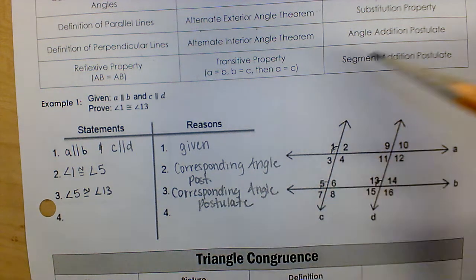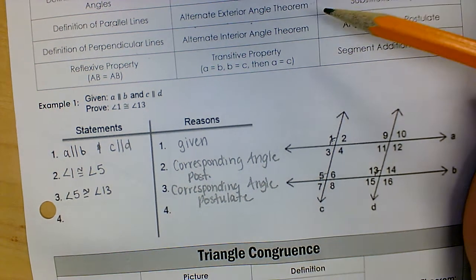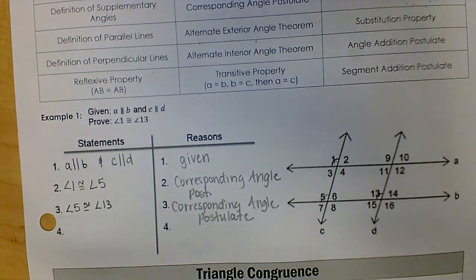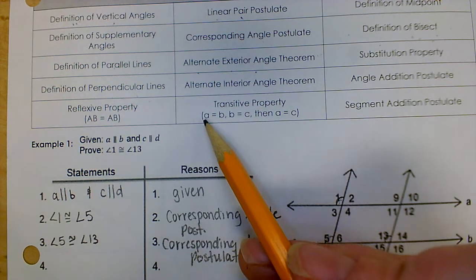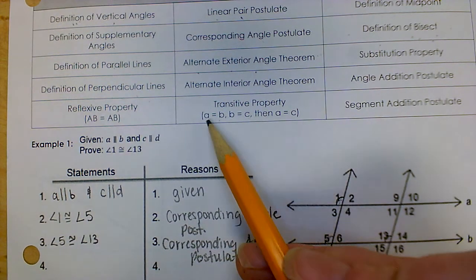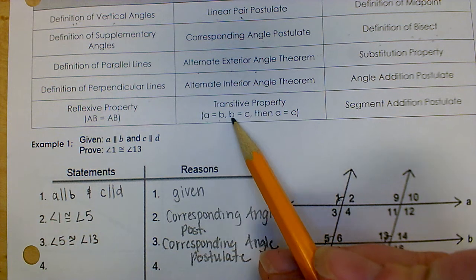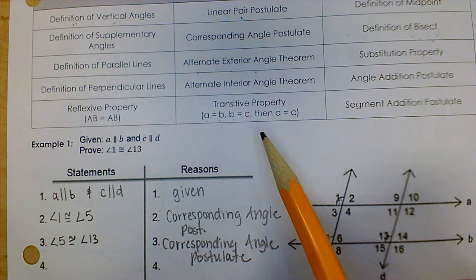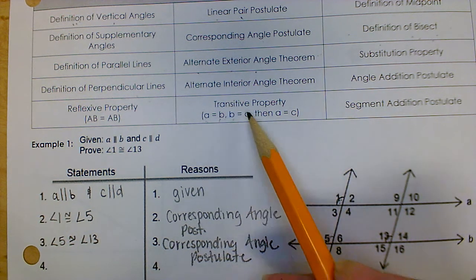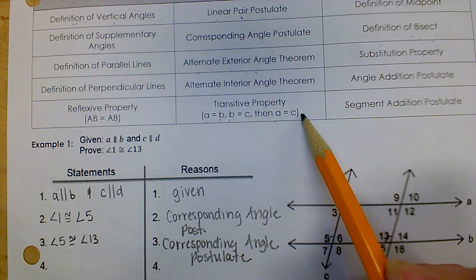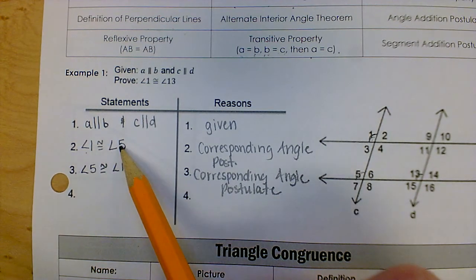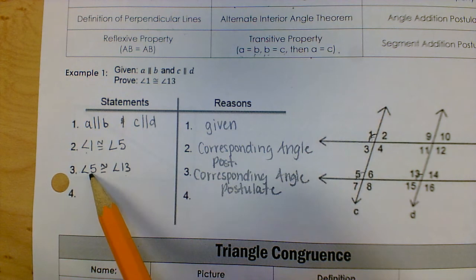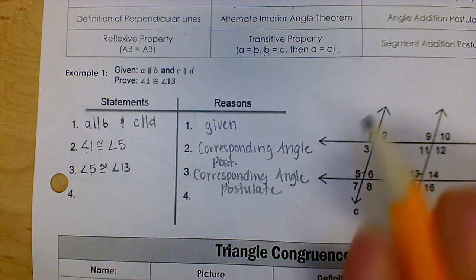The transitive property, which we used some last year, may or may not be fresh in your memory. The transitive property states that if two things, A and C here, equal the same thing, then they have to equal each other. So if A equals B and C equals B, then A has to equal C. Down here, if 1 is congruent to 5 and 13 is congruent to 5, 1 must be congruent to 13.